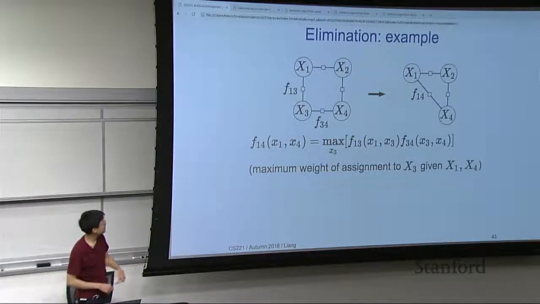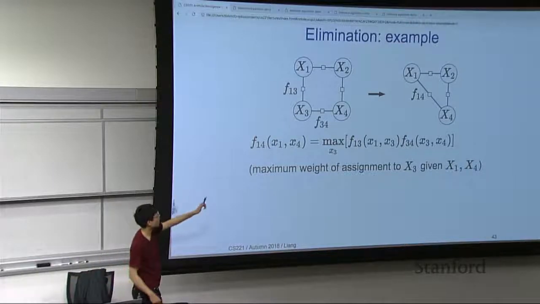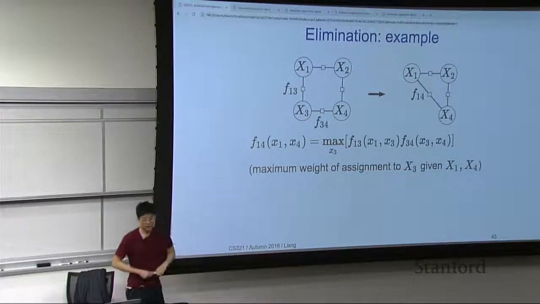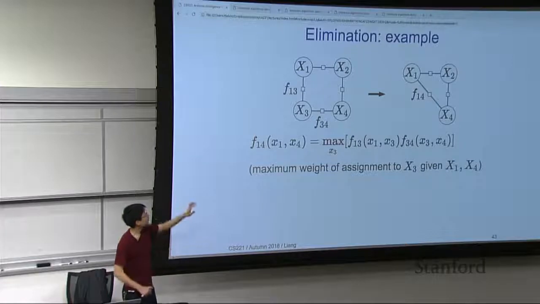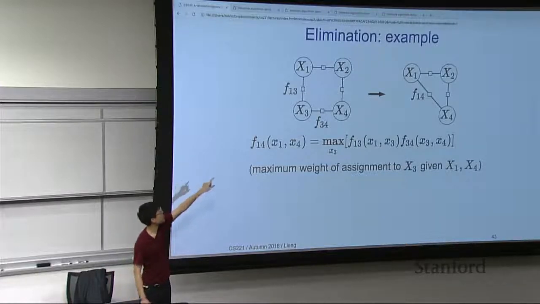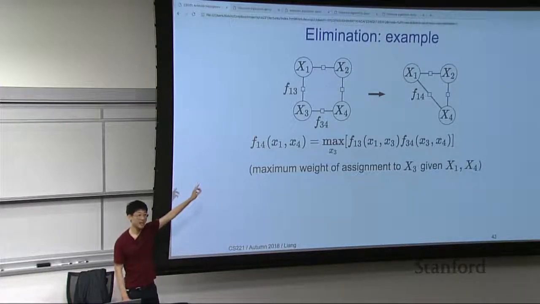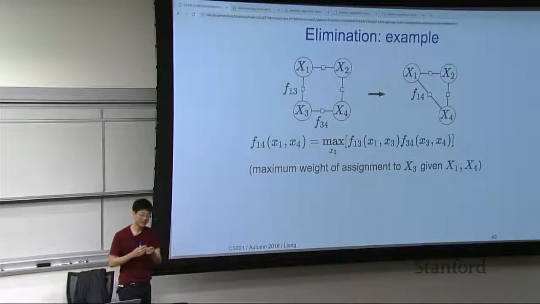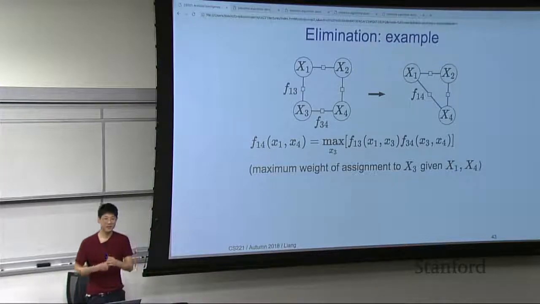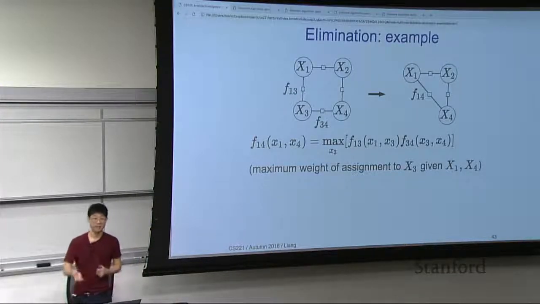Perhaps intuitively this makes sense, because what we're doing in elimination is paying attention to all of the neighbors of x3, and saying, I need to compute a factor that gives me the best case scenario depending on any combination of all my neighbors. So the resulting factor still has to be connected to all of those neighbors. If it's not connected to one of those neighbors, then there's no way to know whether we're giving the optimal value dependent on those neighbors.